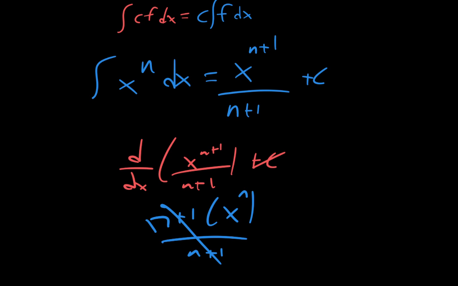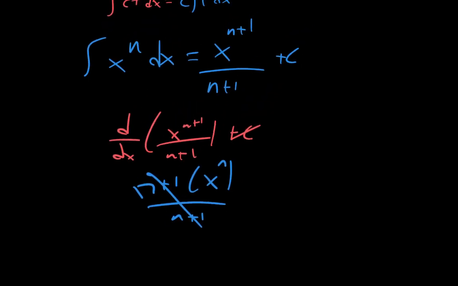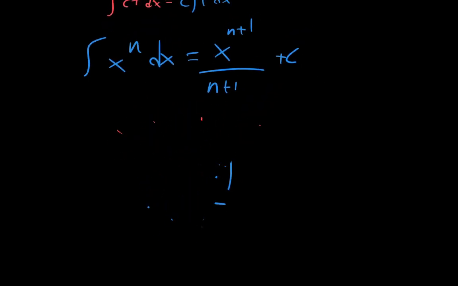It cancels out and gives us the original function. So the integral of x to the n is x to the n plus 1 over n plus 1 plus c.